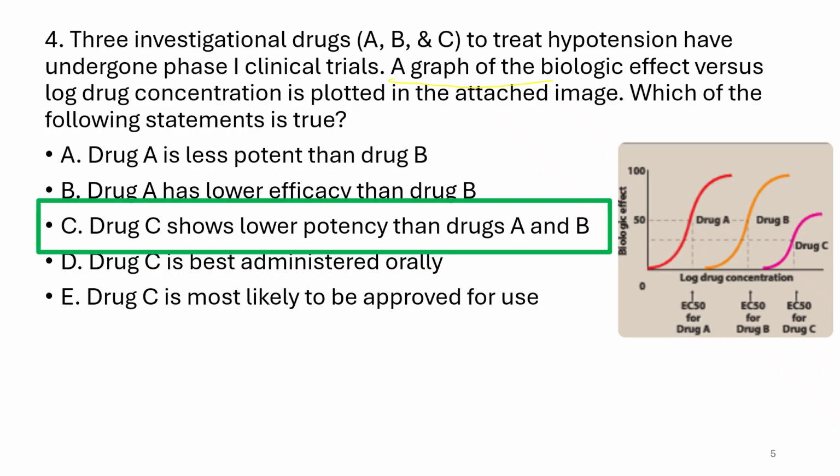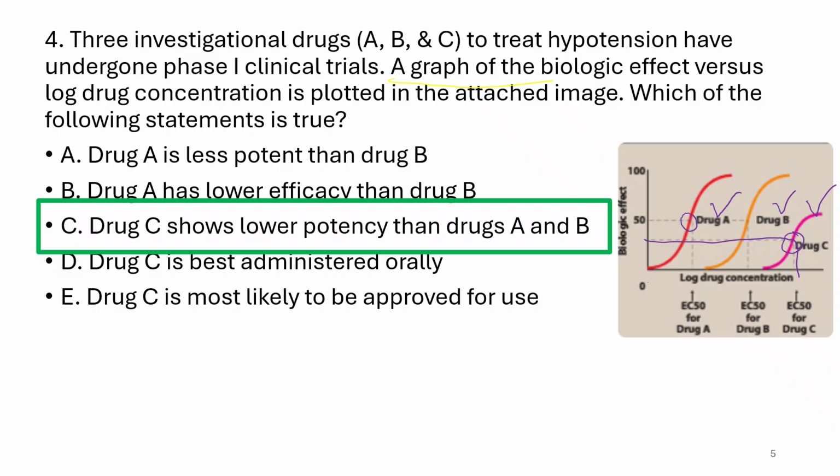The correct answer is drug C shows lower potency than drug A and B. When you see drug C here, the EC50 is higher compared to drug A and drug B. What is EC50? The effective concentration or effective dose required to produce 50% of the response. Whereas drug A's EC50 is a lower dose.